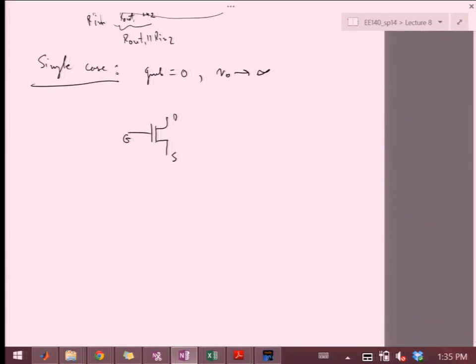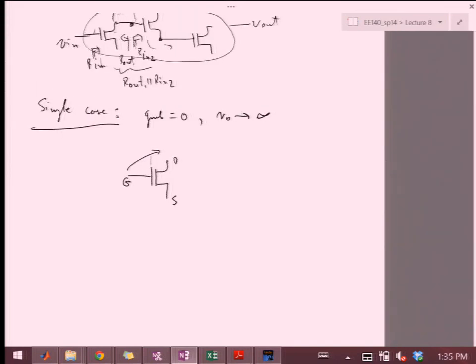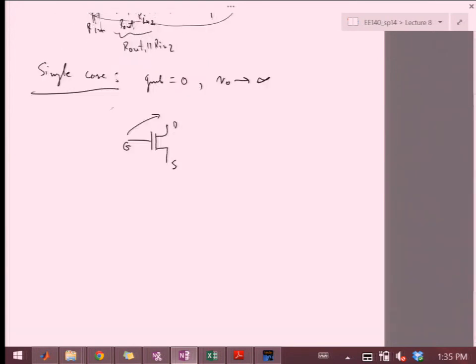For example, if we look at the transfer from gate to drain, our voltage gain would be what we just did, for the source degenerated common source amplifier: minus GMRD over 1 plus GMRS. Of course, if RS is 0, meaning that this is truly a common source grounded, non-degenerated amplifier, then my gain is just minus GMRD.